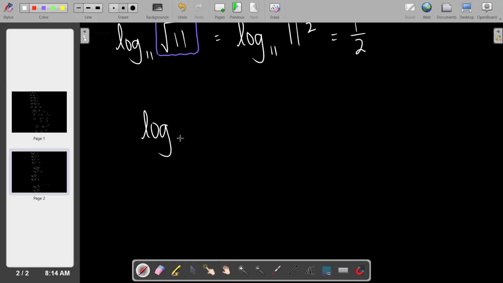Log base 8 of the sixth root of 32,768. This would be a good time for you to have that sheet out, the power table from yesterday. What is 32,768?